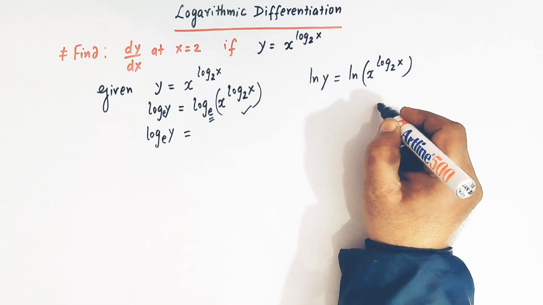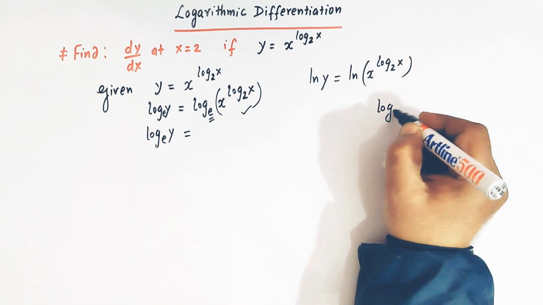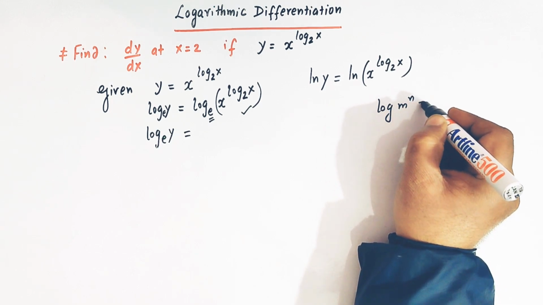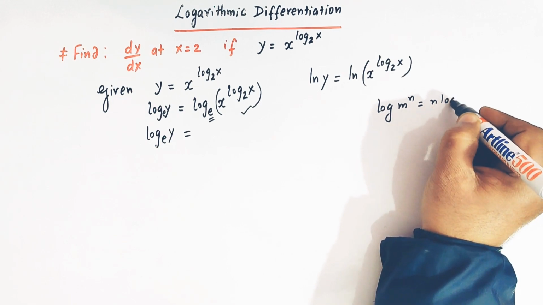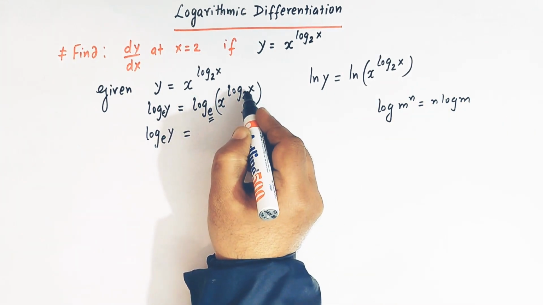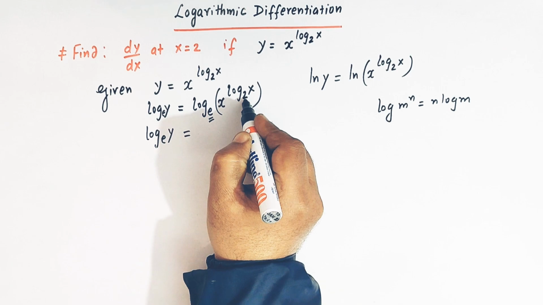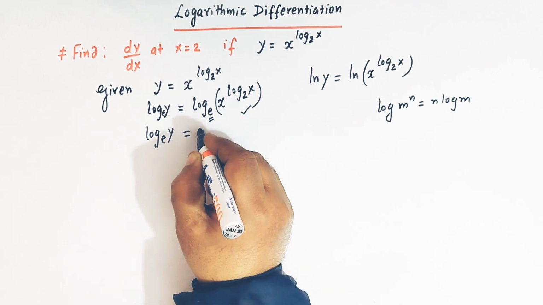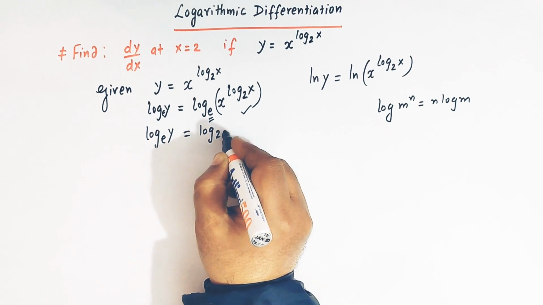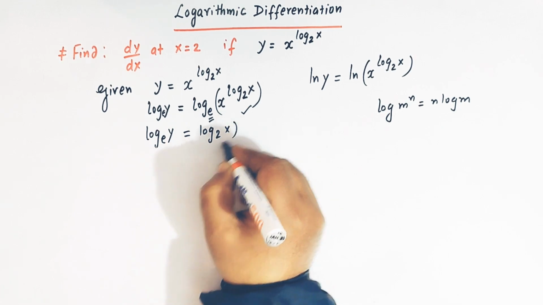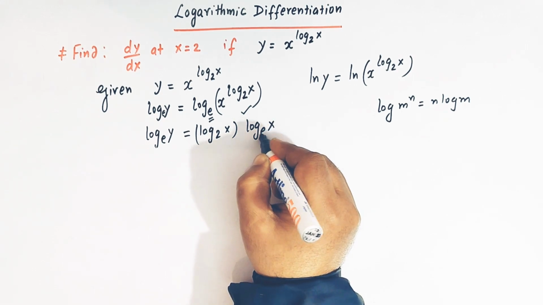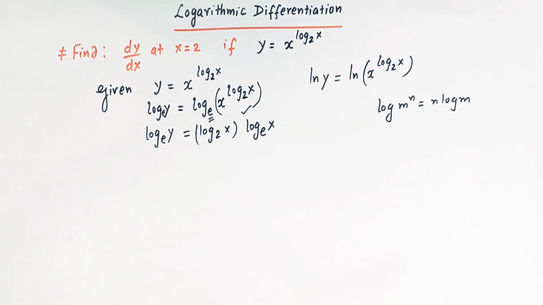We'll make use of the power rule for log, that is log m raised to n is n log m. So we can take log of x to the base 2 in front of log to the base e. So we have here log of x to the base e, and here we have log of x to the base e.